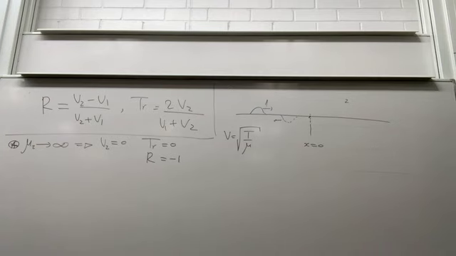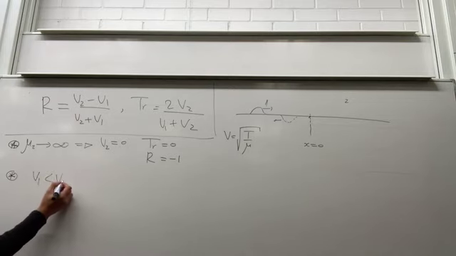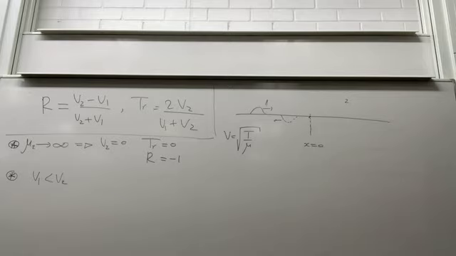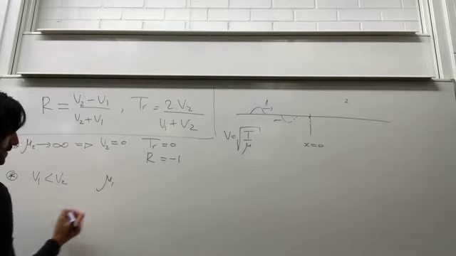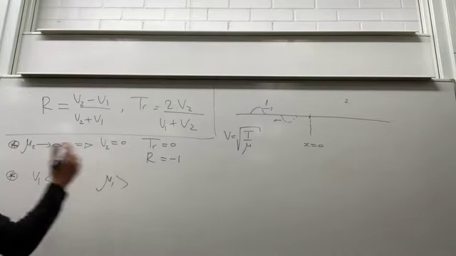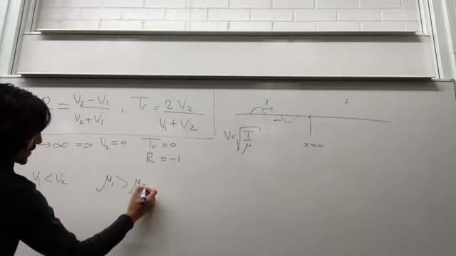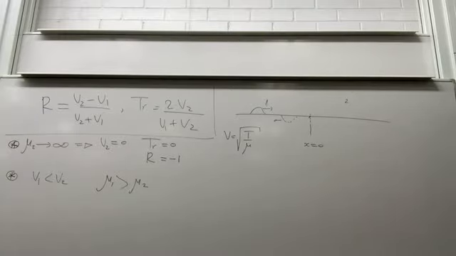So far, so good. Now let's look at another case where, let's say, V1 is smaller than V2. In other words, the mass per unit length on the left side is larger than the mass per unit length on the right side.